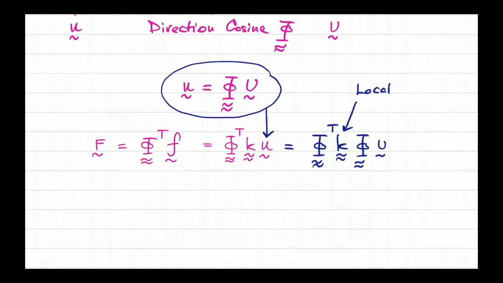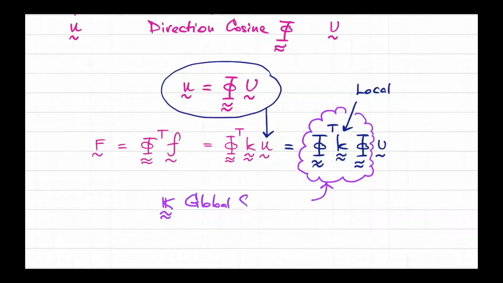Okay. So this is your uppercase K, global stiffness. Look, I should put it this way.